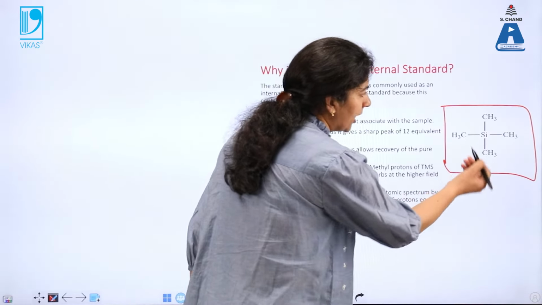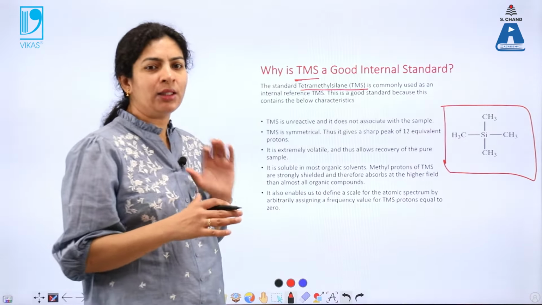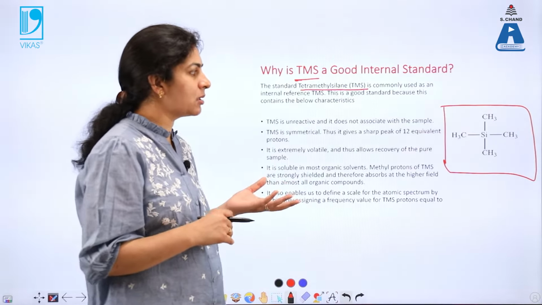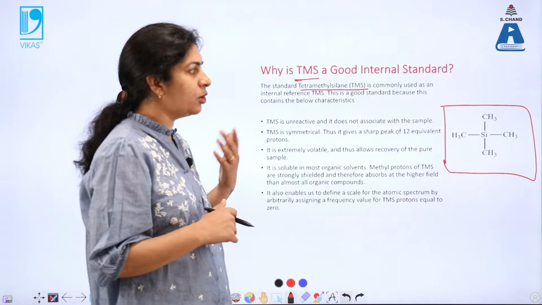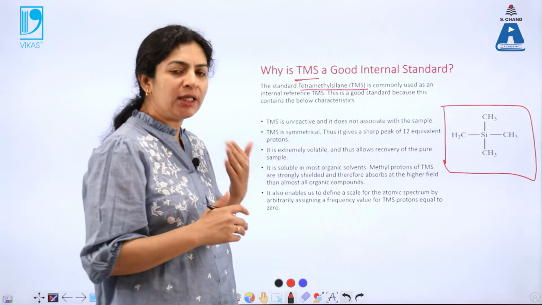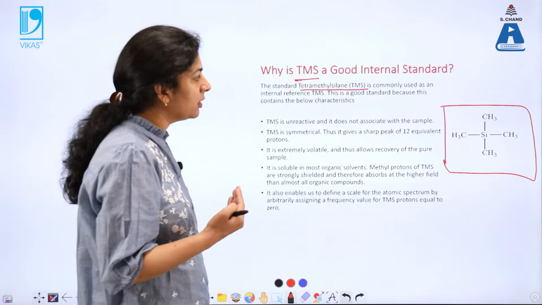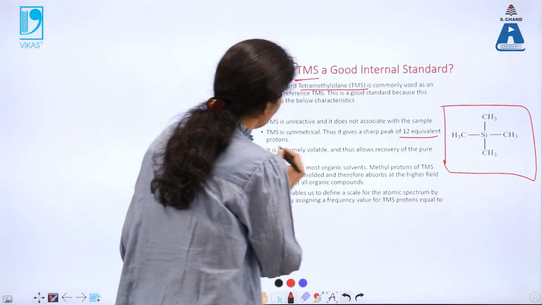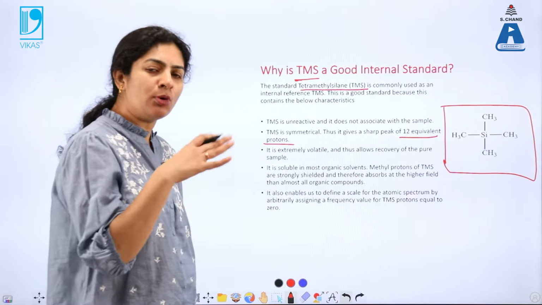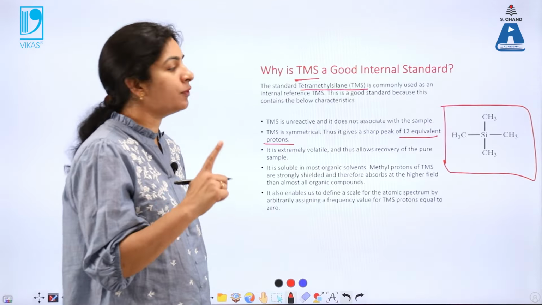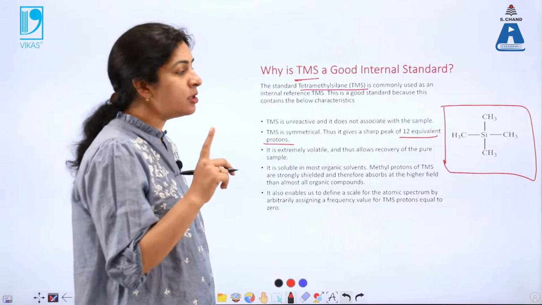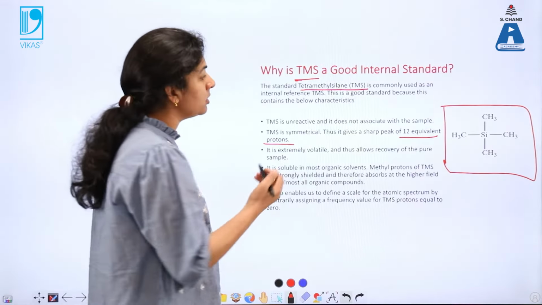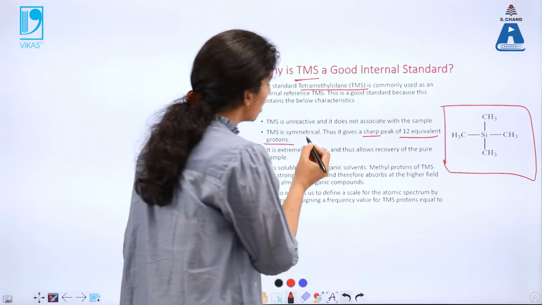We have 4 methyl groups which are in exactly identical environments, and it is this fact which plays a vital role in deciding why TMS is used as an internal reference. Since it has 12 equivalent protons, all equivalent protons will give rise to only one signal, and since this signal is due to the presence of 12 protons, it is going to be a very sharp signal.